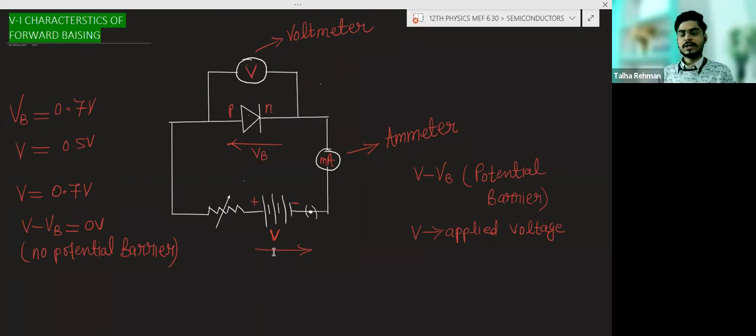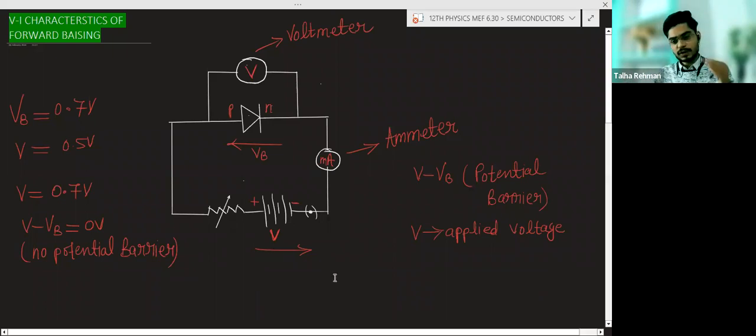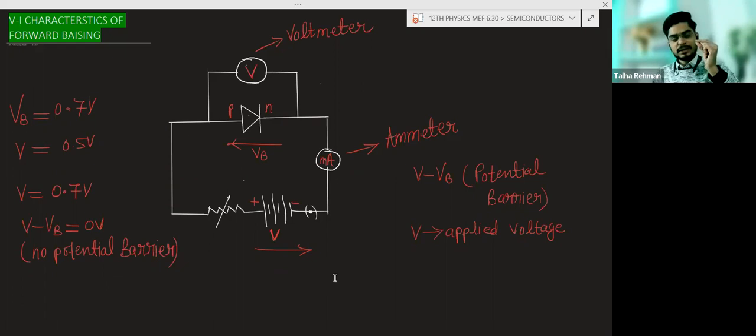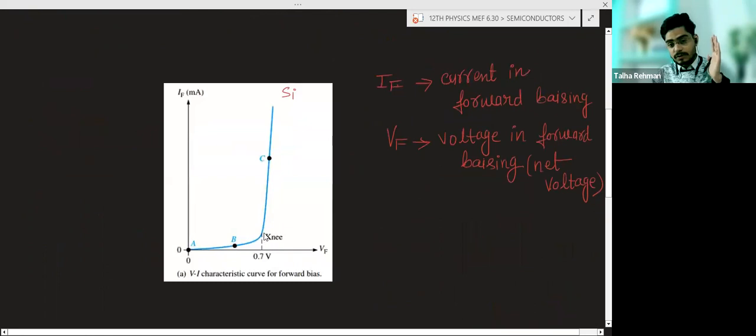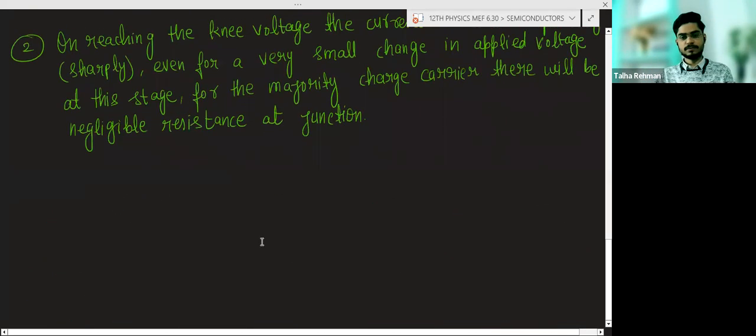So the thickness of the depletion layer will decrease, and the resistance will decrease for the majority charge carrier. Basically, there will be negligible resistance for the majority charge carrier to flow, and that is why the current will become maximum when you apply a small voltage which is just greater than the knee voltage.